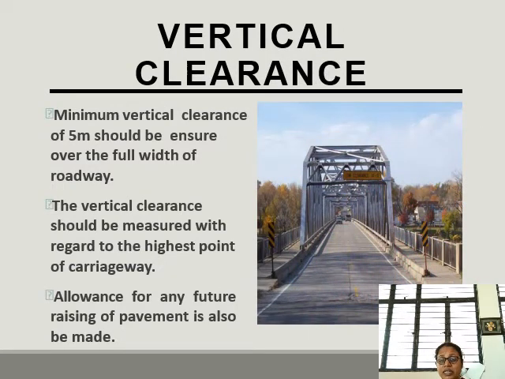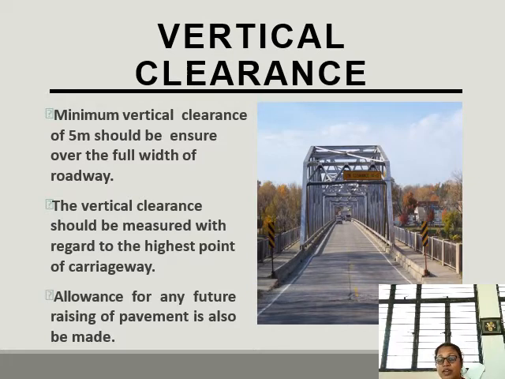Then the vertical clearance, that is above the high flood level where the deck slab should be provided. The slab can't be provided just at the high flood level because of the wavy action, the water current, the water forces. There should be some amount of freeboard left between the water and the superstructure.